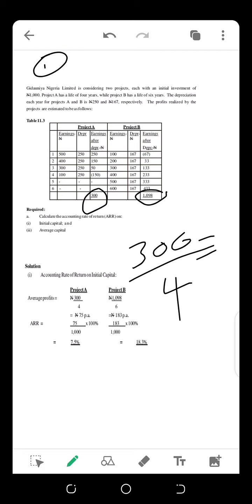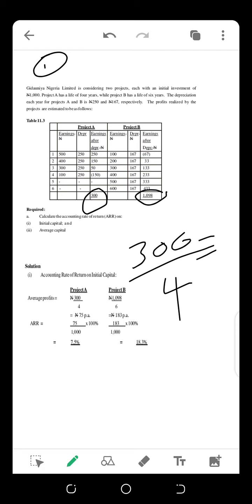If you are calculating it based on initial capital, profit per annum, profit per year equals 300 divided by the number of years, which is 4 years, right?